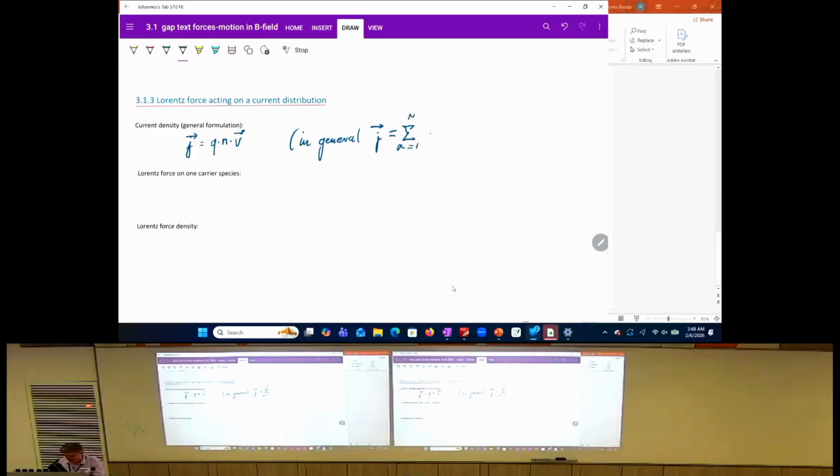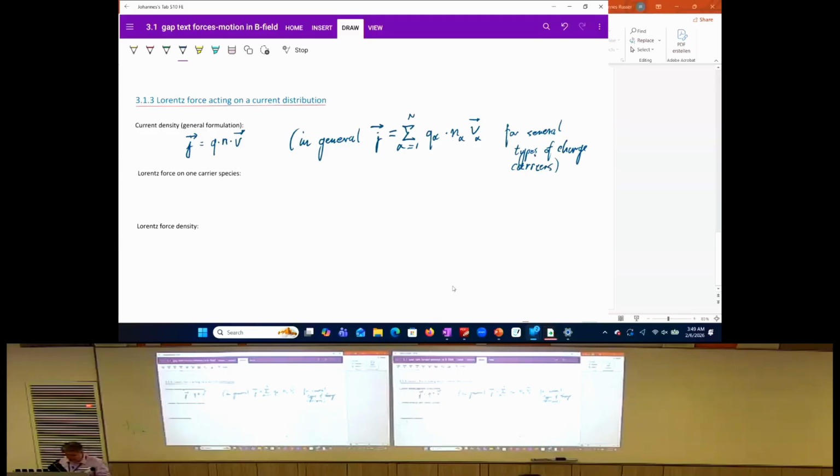For each of these carrier types, you can define the respective charge that each individual carrier has, then the particle density, and the velocity. This is usually for us the mean velocity according to the drift model. This is for several types, or species, of charge carriers.